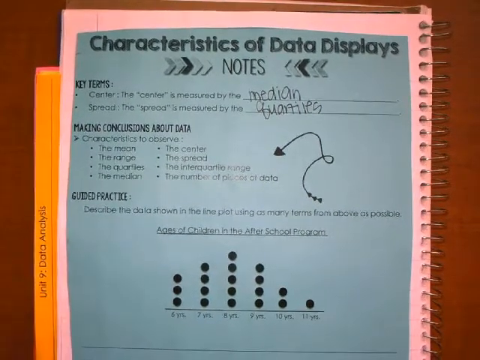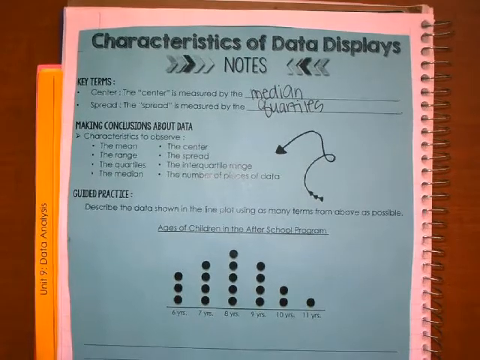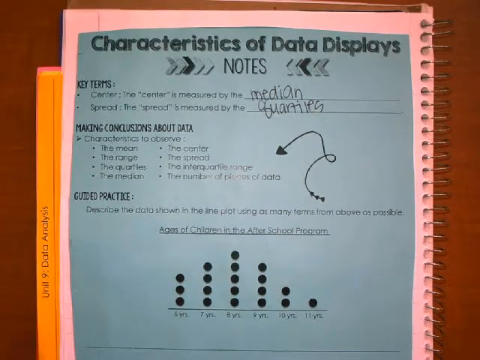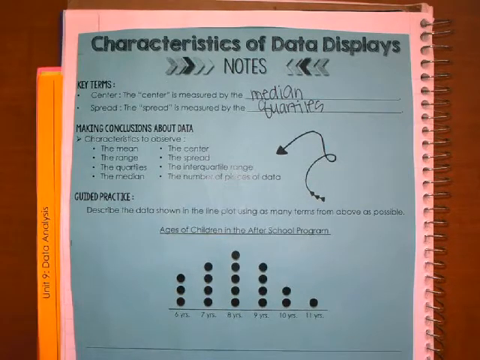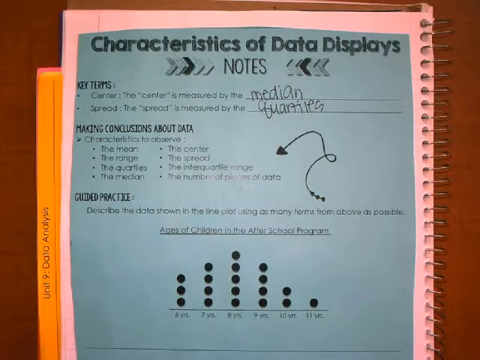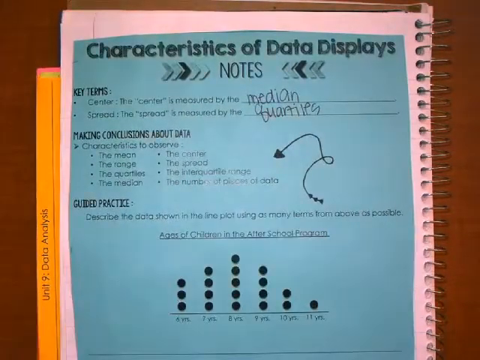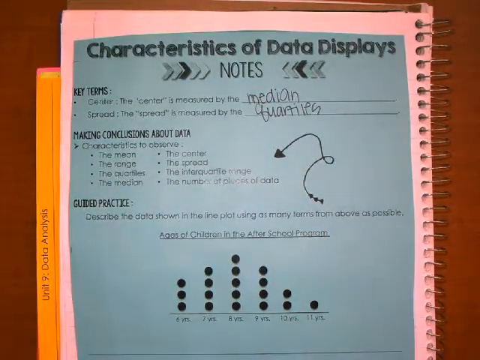The quartiles, how spread apart are your first quartile and your third quartile, that interquartile range. The median, what's the center of the data? The center, the spread, the interquartile range, and the number of pieces of data. Is there 30 pieces of data, 40 pieces of data, 20? How much data is in the thing that we're talking about? So those are just different ways that you can describe data.